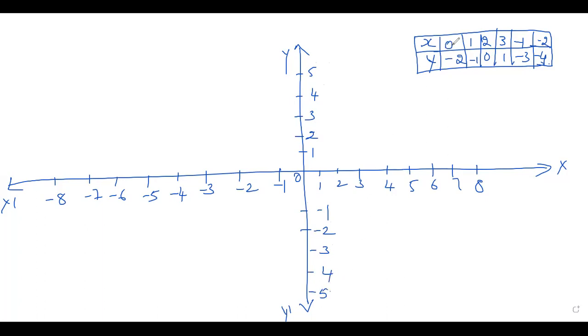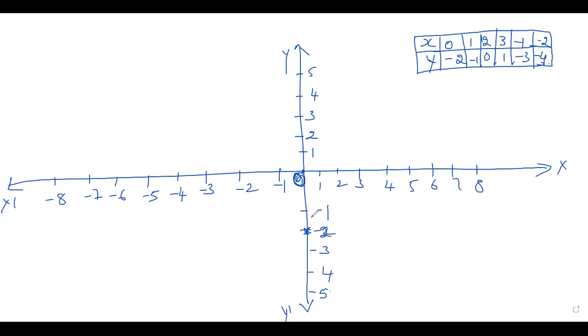You start with 0. x is 0. It is the origin, children. x is 0, that means you have to start from the origin. y is minus 2. So negative value, you have to go below the origin. So come down here. So you have minus 2 here.